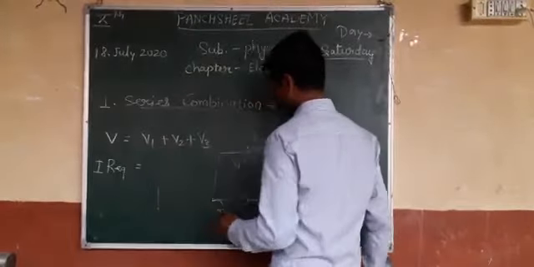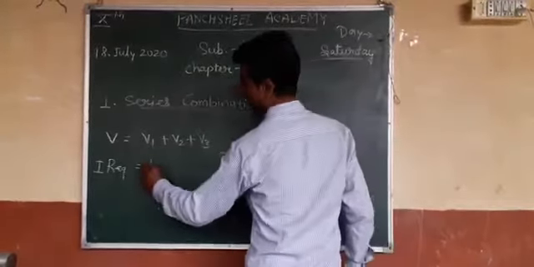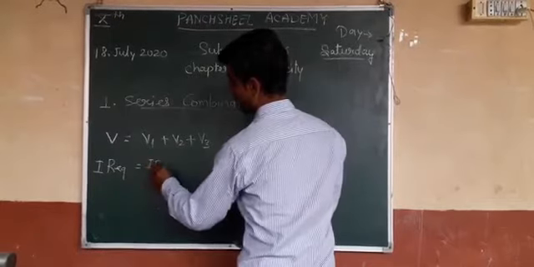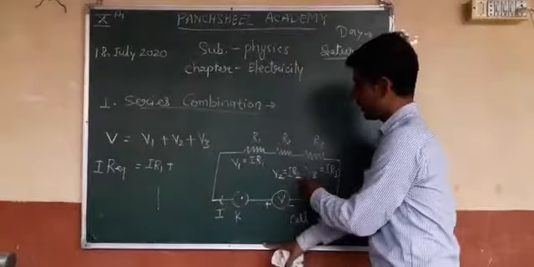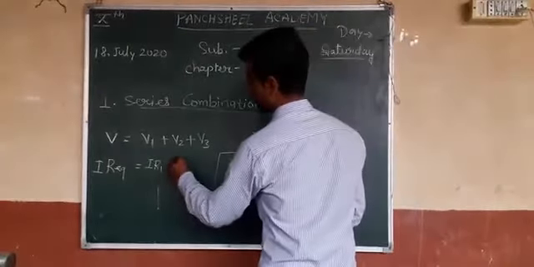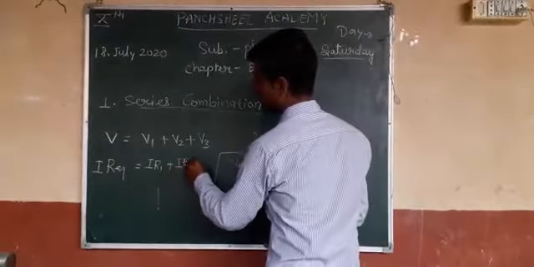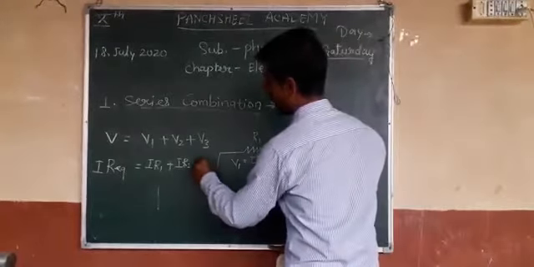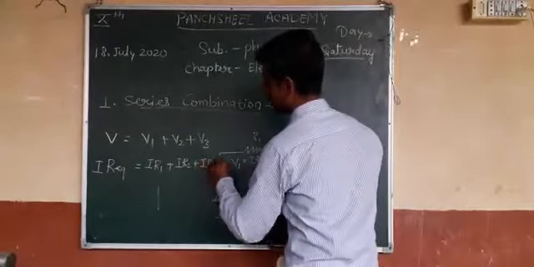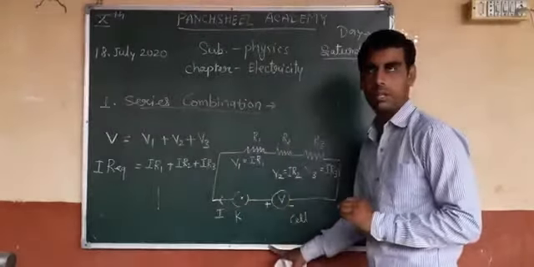Now V1 is IR1, plus V2 which is IR2, plus V3 which is IR3.